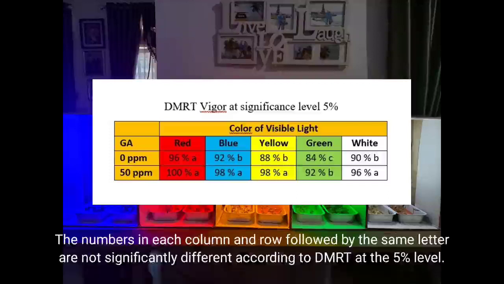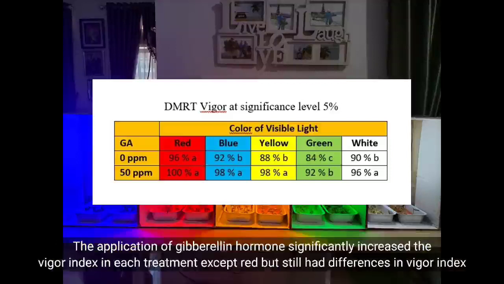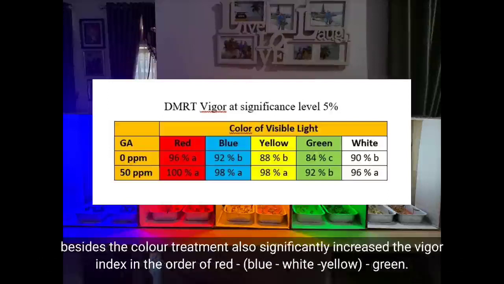The number in each column and row followed by the same letter are not significantly different according to DMRT at the 5% level. The application of gibberellin hormone significantly increased the figure index in each treatment except red, but still had differences in figure index.